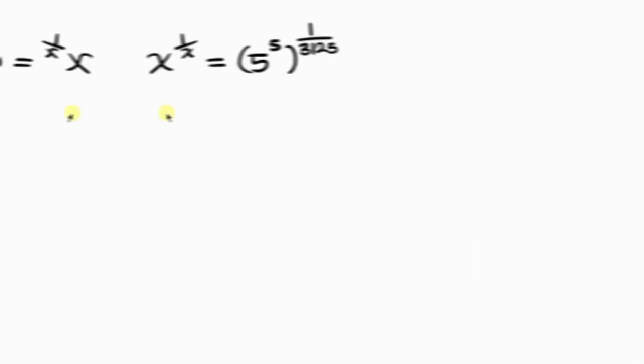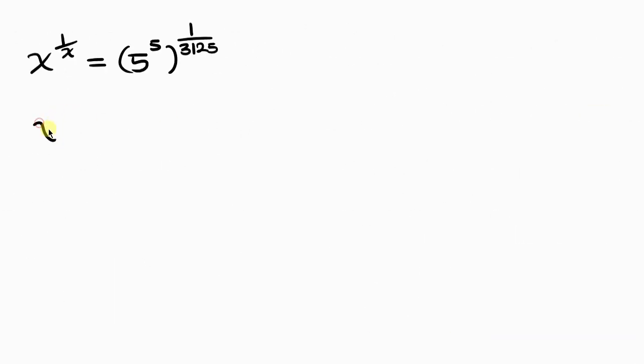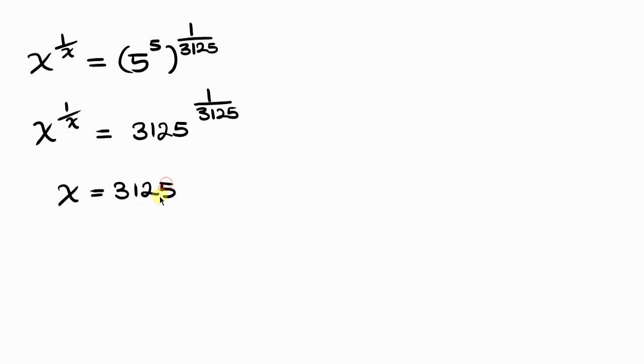Very good. So we have x to the 1 all over x is equal to, now 5 to the 5 is 3125. And this is raised to the 1 all over 3125. Now by comparison, you see that x is equal to 3125. And there you have it.